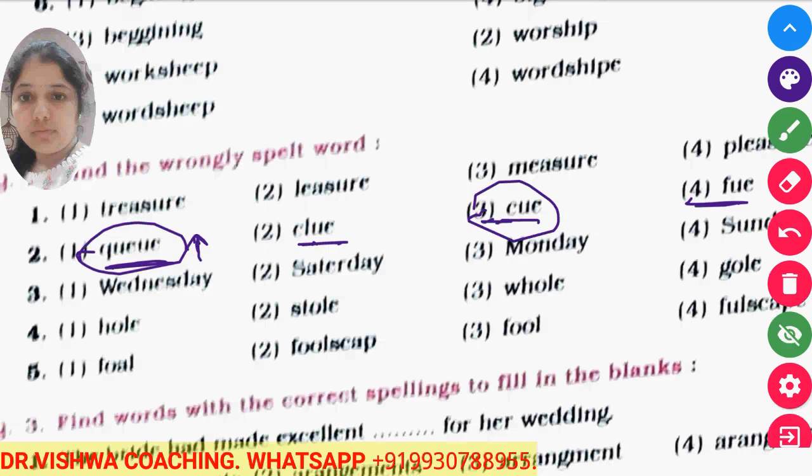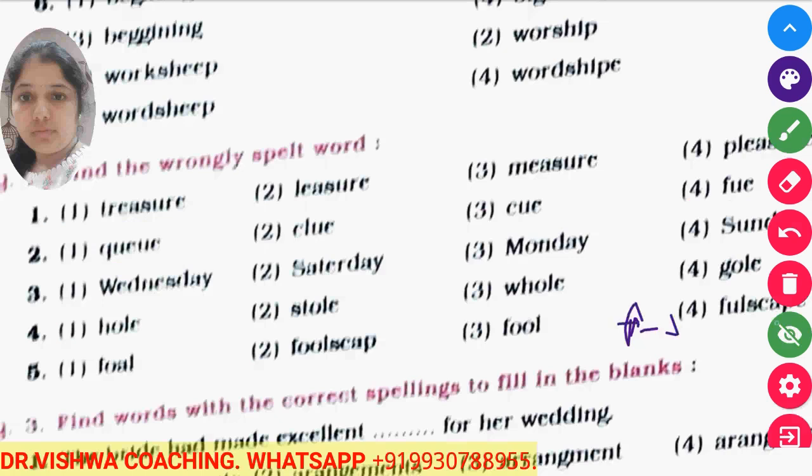Okay, so here the correct answer is FUE, few, which is wrongly spelled, because the spelling of few is FEW. So that's why few is the wrongly spelled word.